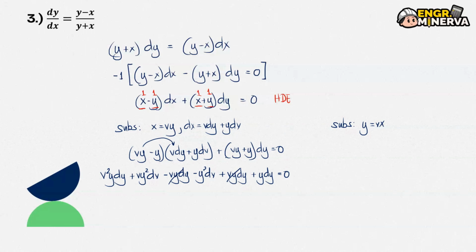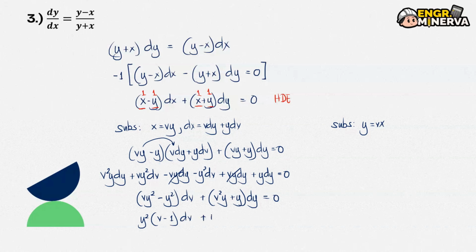Then we group all the terms with dv. We have here vy squared minus y squared dv. We also group all the terms with a dy. That would be v squared y plus y dy equals 0. Factor out y squared, that would be v minus 1.